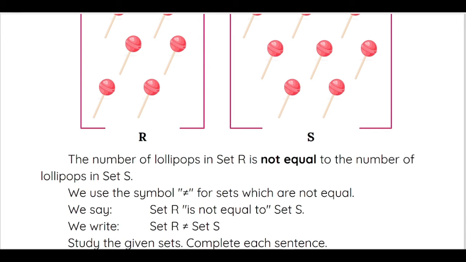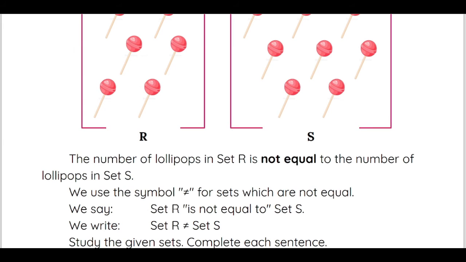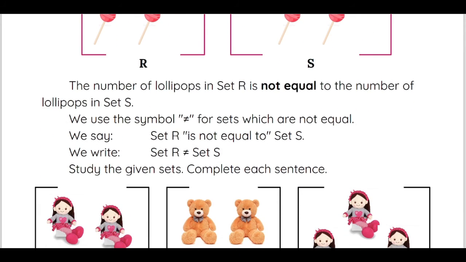We use now the symbol with a double line and a slash for sets which are not equal. We say set R is not equal to set S. We write that as set R with the equal sign with a slash, set S.